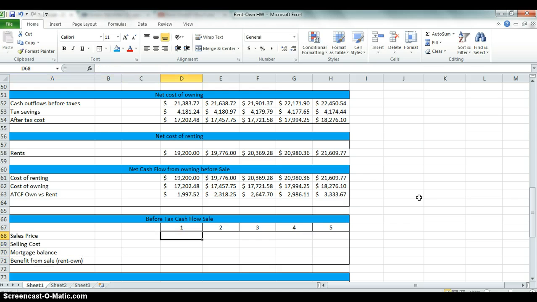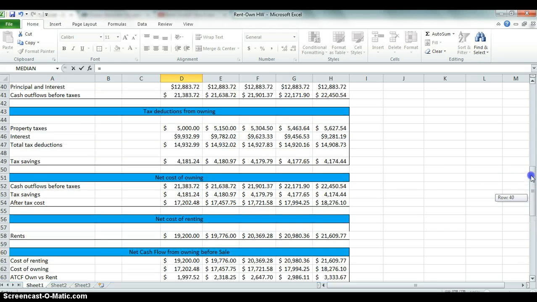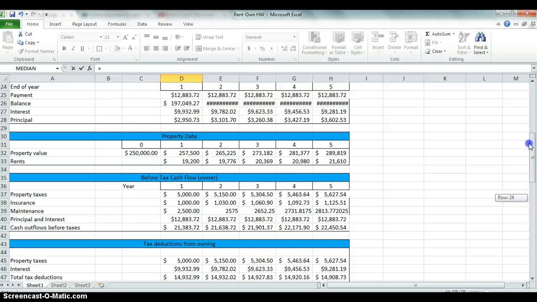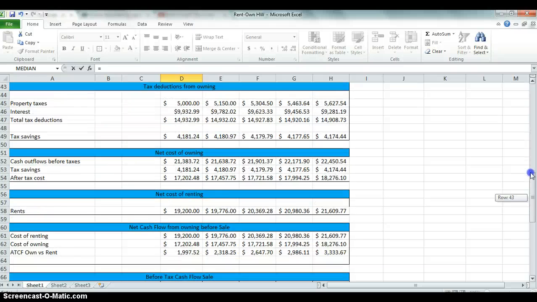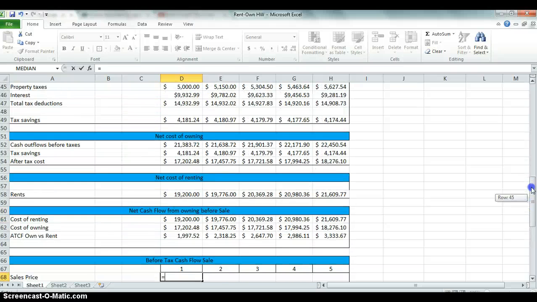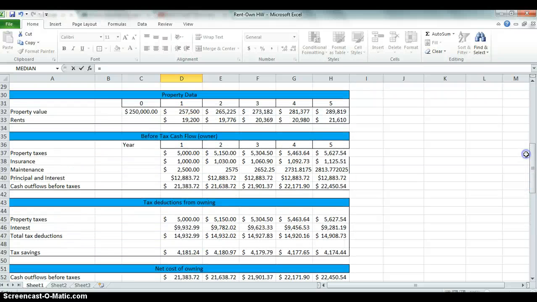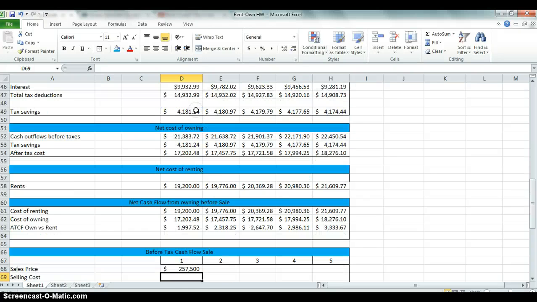Okay, so for sales price, for example, we're going to have the sales price equals, we have sales price here already. Where are you, sales price? Right here, property value. So then we'll just have to drag it down.